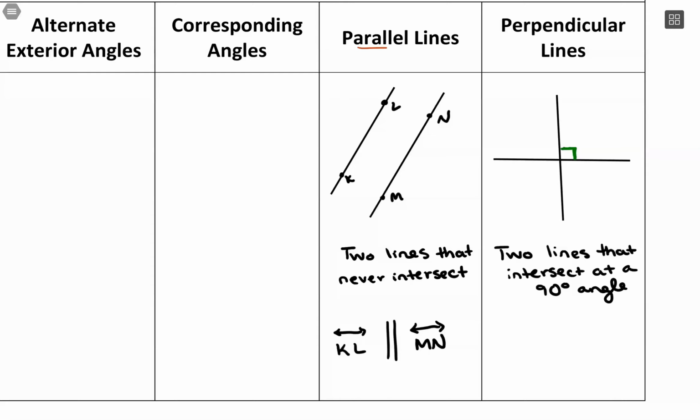Say this was KL and this was MN. The notation would look pretty similar, but we'd use a different symbol since perpendicular is very different from parallel. For perpendicular, you would just draw something like that, two perpendicular lines.